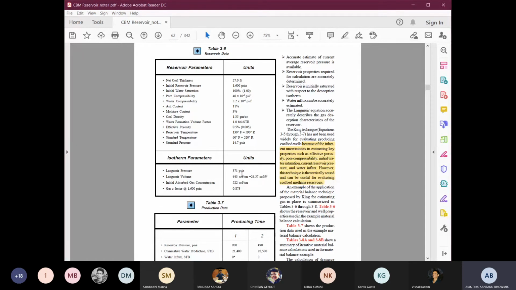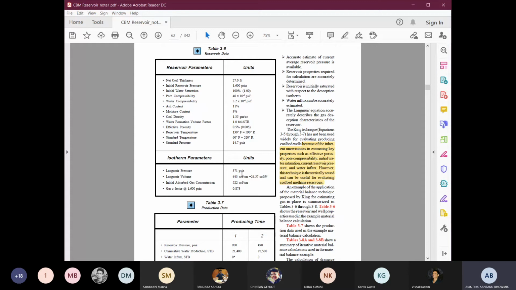If you remember the shape of the graph, the x-axis is the pressure and the y-axis is the gas adsorbed. The graph becomes flatter with pressure. At infinite pressure, you will see that it will not increase beyond a certain point because it reaches a constant value, and this is the maximum value.